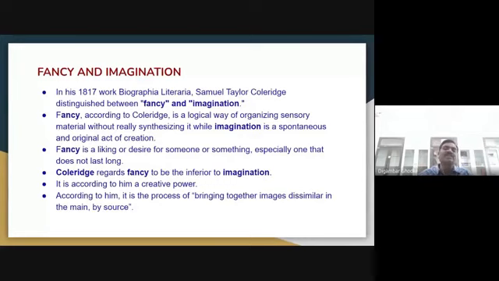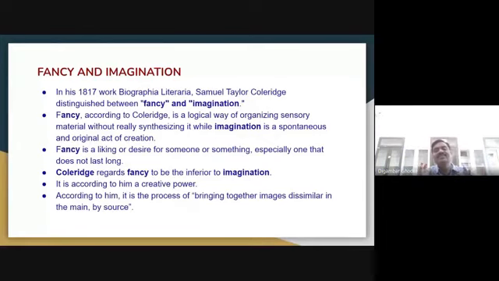Of course, it is a kind of creative power, because by using this, the mind organizes sensory material. So fancy can be understood as the process of bringing together images dissimilar in the main by source. By source means you see something and then you bring them together.